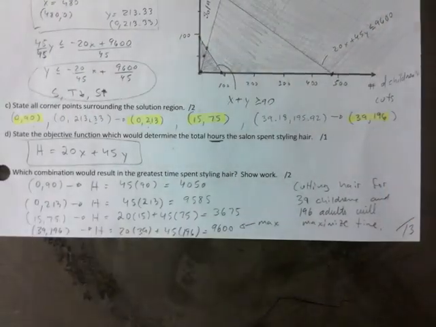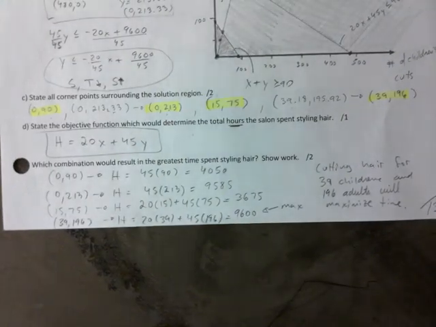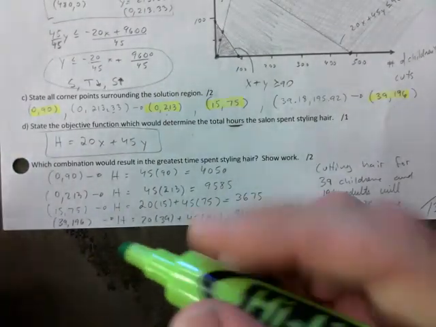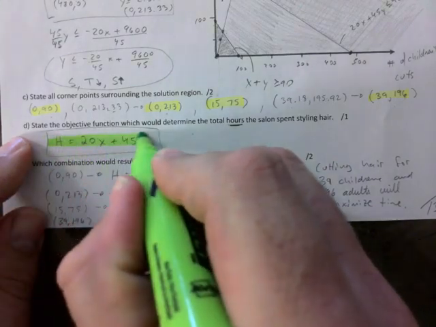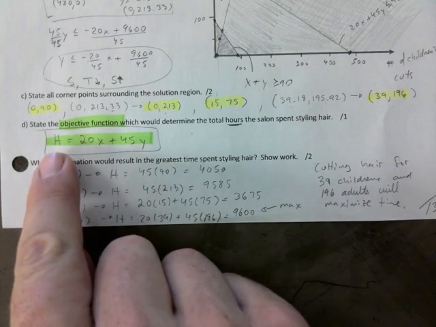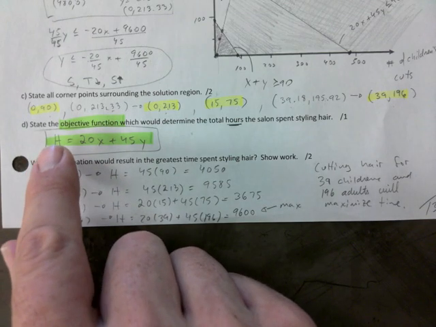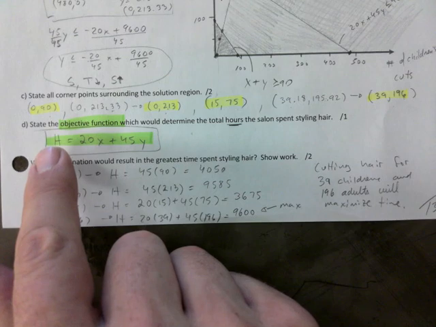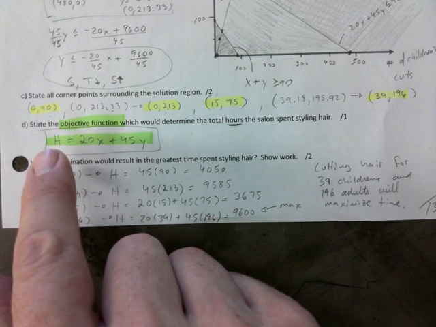Next, this one, folks, I might have to focus in a little bit more for this one. The objective function is not an inequality, so it shouldn't have any greater than or equal to. It should always have some kind of letter. You can choose whatever you want. You can do H for hours or T for time, F for function, it doesn't matter.